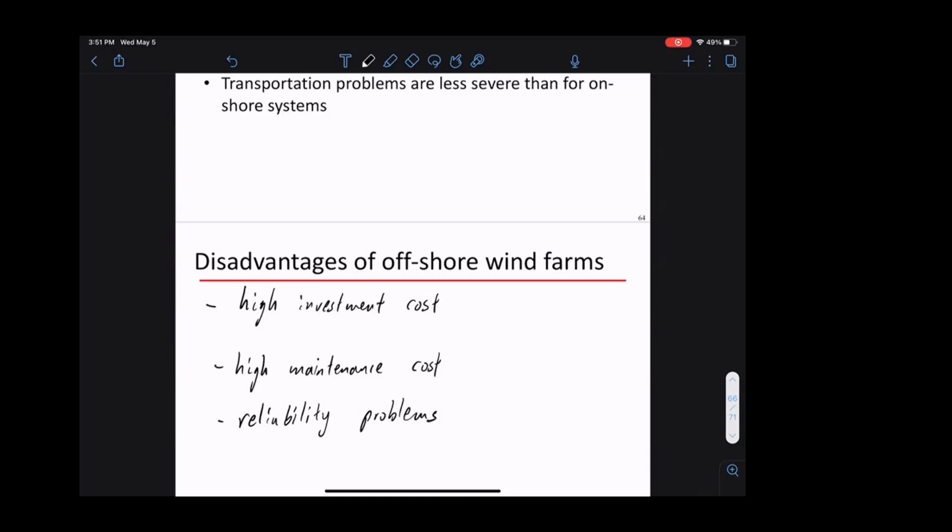How do you use or engineer better components? How do you use better control algorithms to reduce the wear and tear on these turbines? How do you detect faults maybe before they happen? All these are important questions that we're thinking about. Right? So offshore is good. I think it's a technology that's becoming more and more popular, although there are still a lot of engineering questions we need to address here.